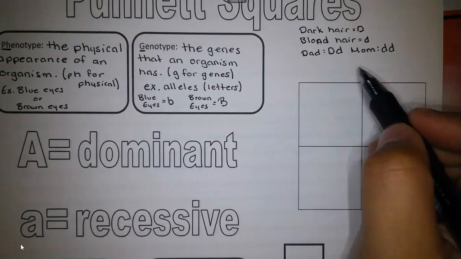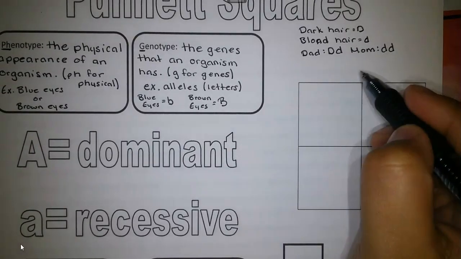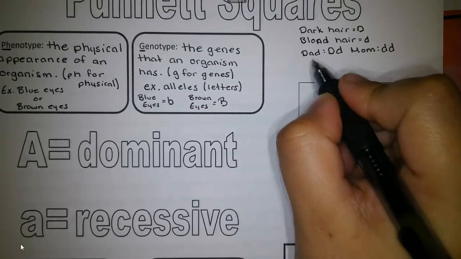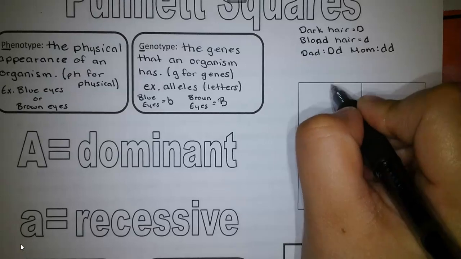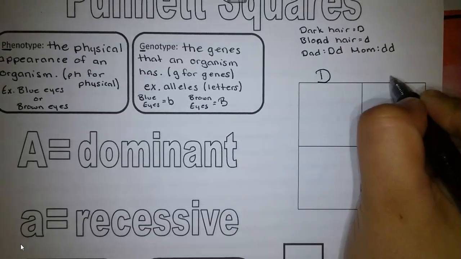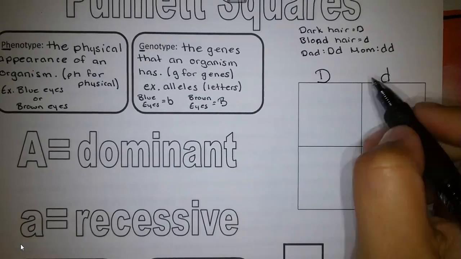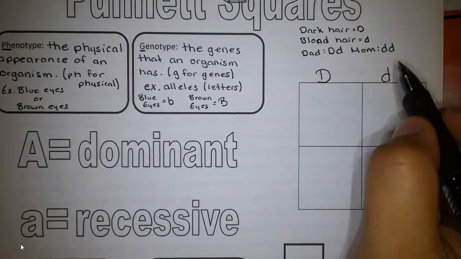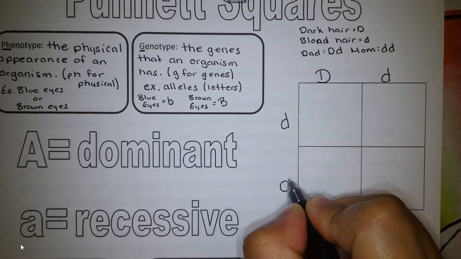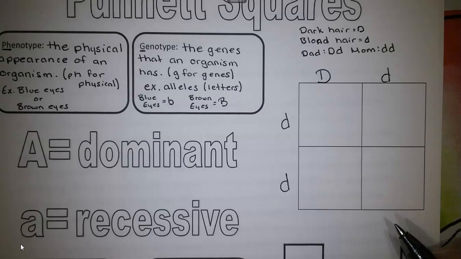So normally what I do is that I put the male on top and the female on the side. So I would put capital D, lowercase d, this is dad. And then I have these alleles, lowercase d, lowercase d for mom.